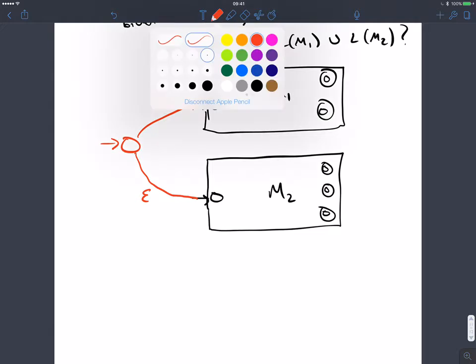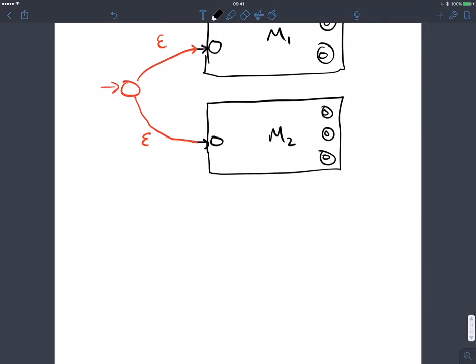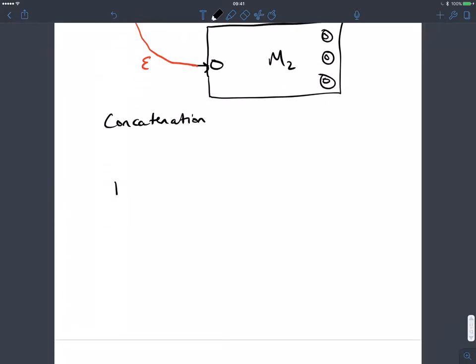Cool. Let's see how NFAs could even help us with concatenation, the problem that was so hard for DFAs. Let's try it for NFAs. So concatenation. Let's say that we have the same black box for M1, and it has, let's say, 2 final states.